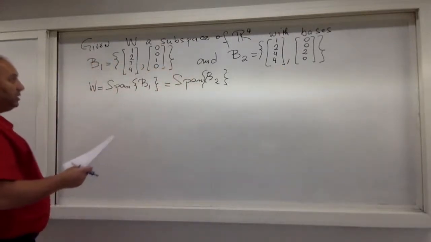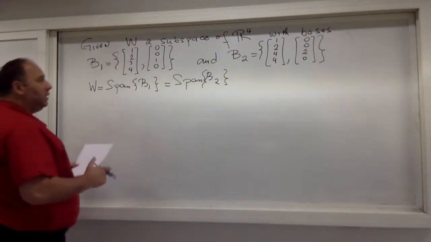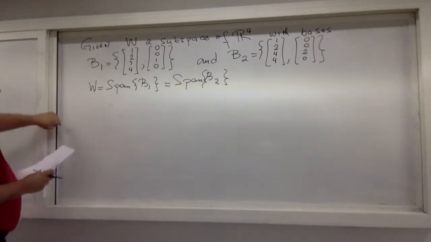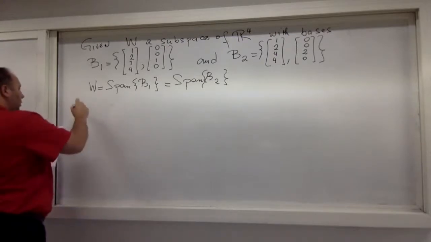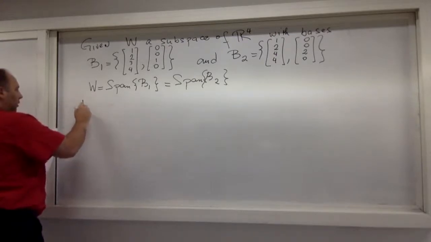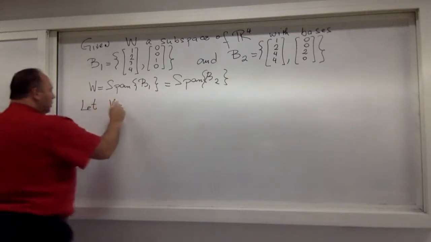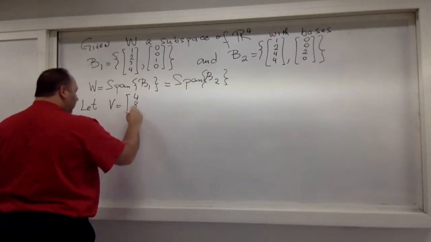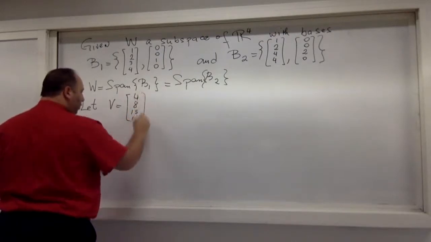That will be your exercise to see if you remember how to do that. So I'm going to take a vector V, a very nice vector, 4, 8, 15, 16, a vector with 4 components.